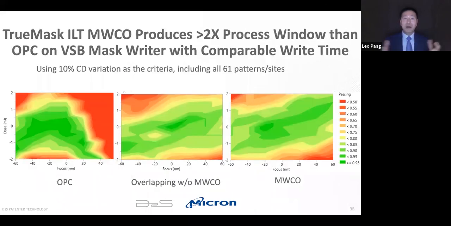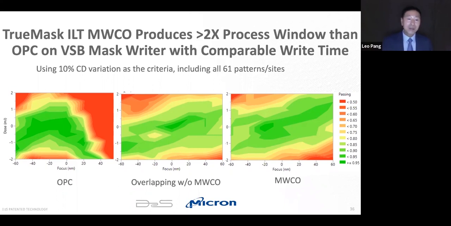Then we plot the Bossung curve, the process window curve. Here we include all 61 patterns and sizes. We use the percentage of patterns passing the CD spec, where the CD spec is 10% CD variation, and we use color from green to red.